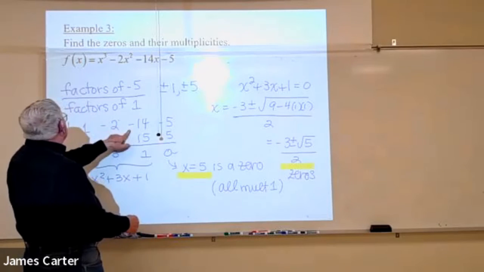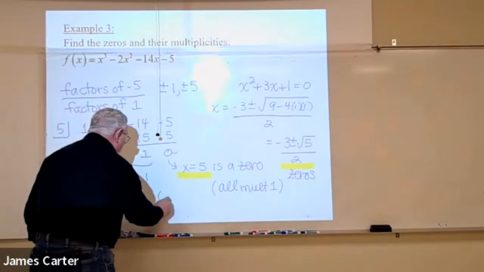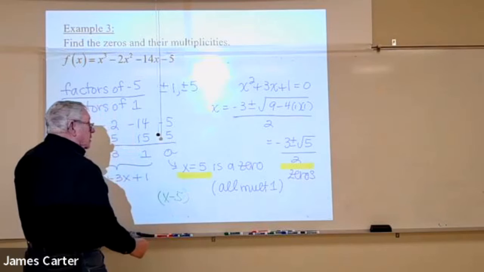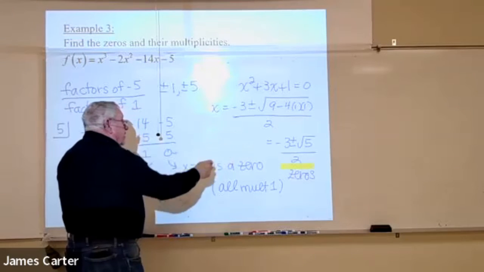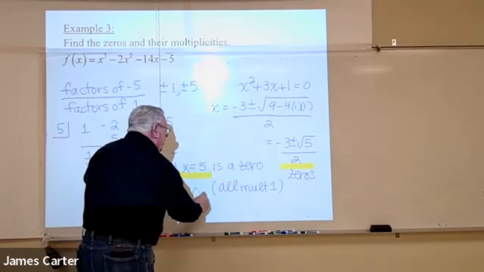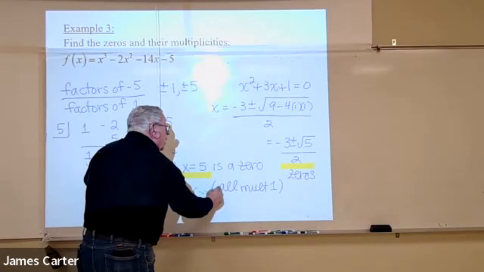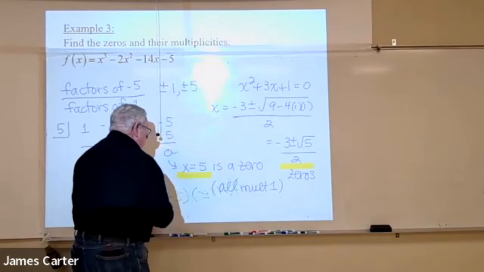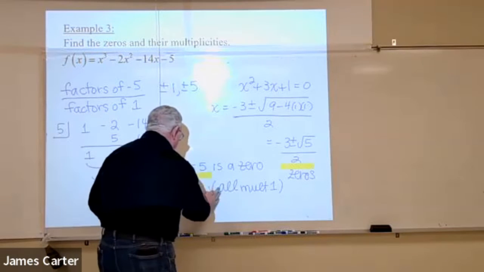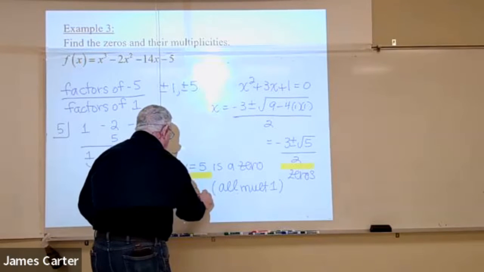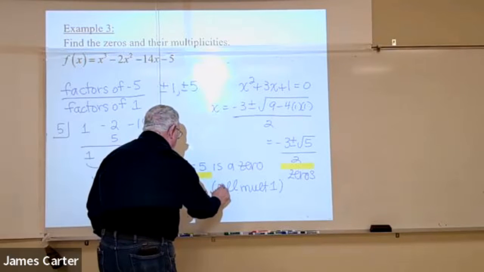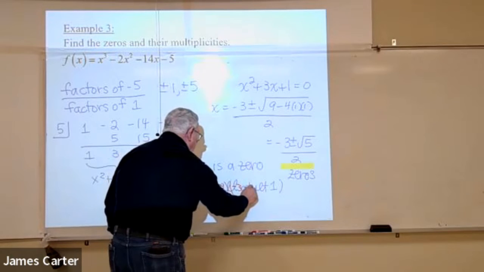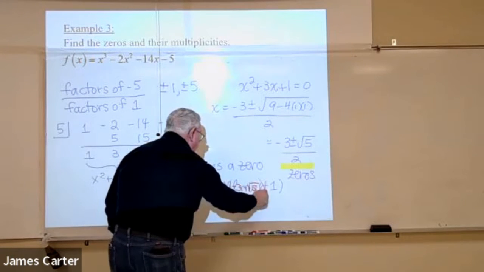Our solutions on this problem are: we've got x minus 5 from this, and we've got -3 plus radical 5, and -3 minus radical 5.